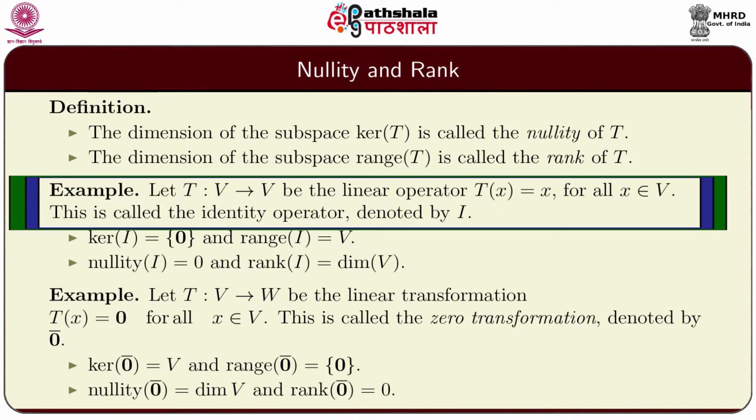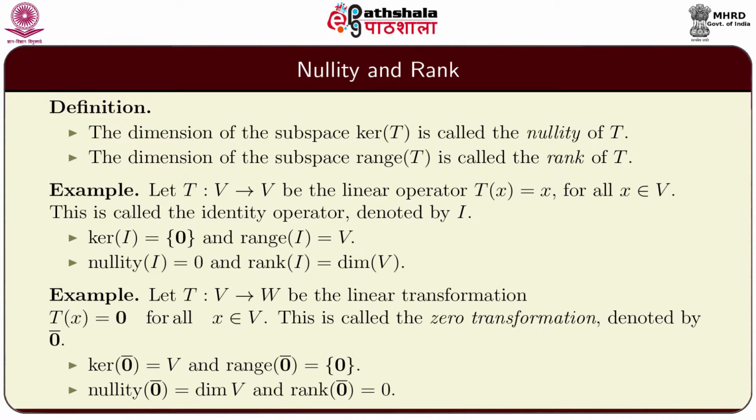Let T from V to V be the linear operator given by T of x equal to x for all x in V. This is called the identity operator, often denoted by I. So, we can see from the definition that kernel of I is nothing but singleton 0 vector and range of I is the whole vector space V. And therefore, in this case nullity of I is 0 and rank of I is dimension of V.